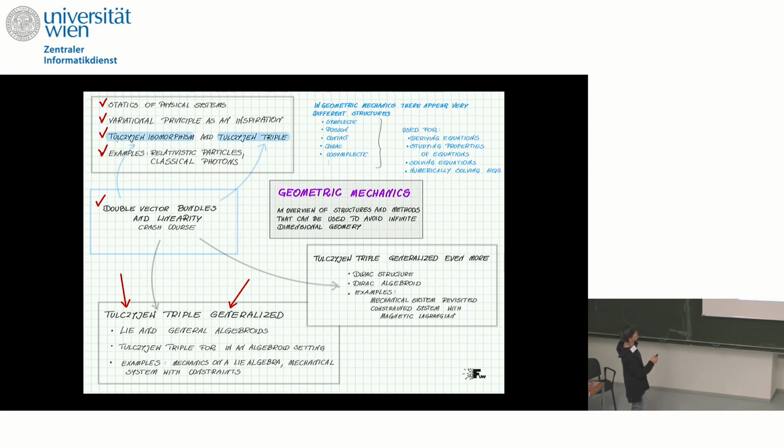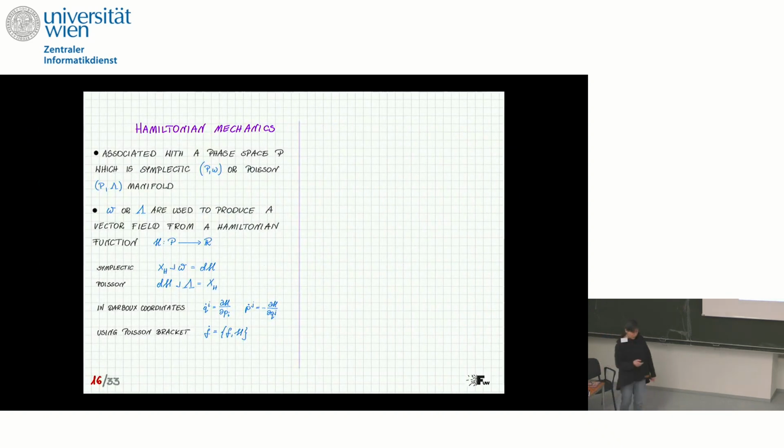Okay, so now we have finished this part, and we can generalize for the first time, and this will be the generalization of the Tulczyjew triple for algebroids. Lie algebroids first, and then more general examples of algebroids. What we start with is an overview of the structure of Hamiltonian mechanics, very short.